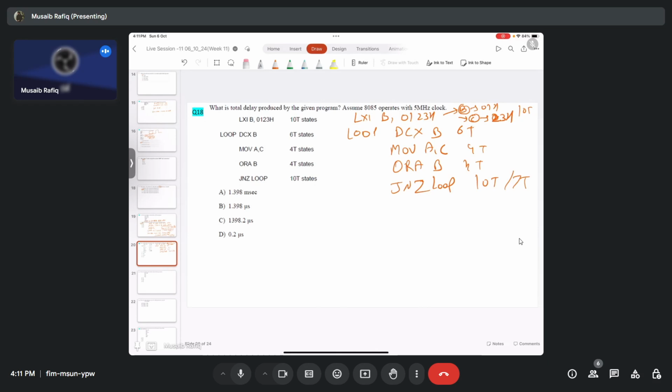So T total is T outside loop plus T inside loop, and T outside loop is 10. T inside loop is 6 plus 4 is 10, 10 plus 4 is 14, 14 plus 10 is 24. BC is how much?